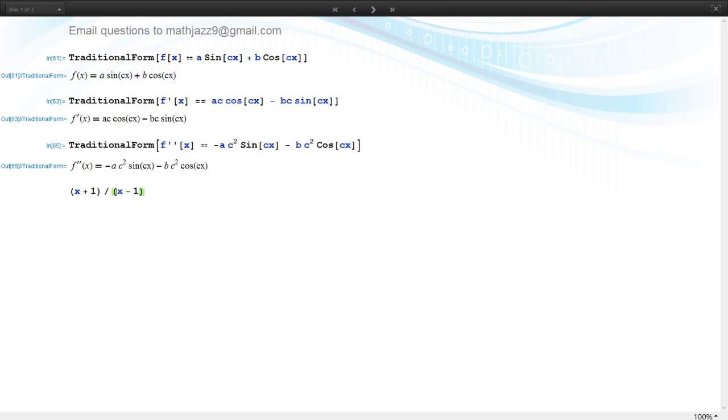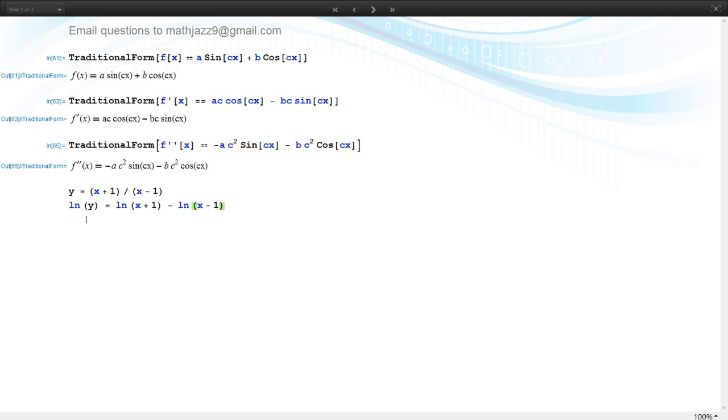Since I'm kind of in a logarithmic differentiation kick, I'll do it that way. So y equals this. So when we take the natural log of both sides, we get natural log of y equals, and I'll simplify this, we get the natural log of the numerator minus the natural log of the denominator.